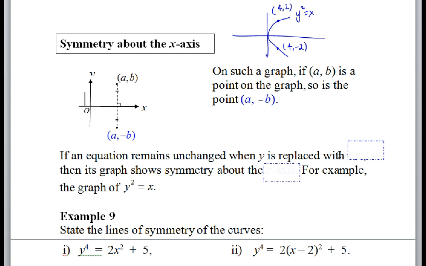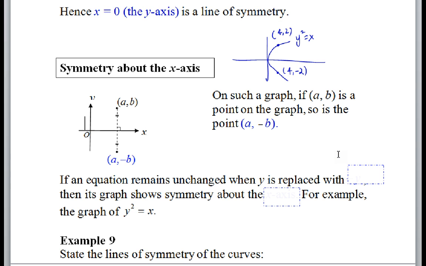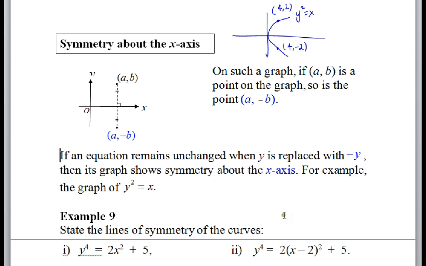So how do we tell? If I replace y, which is 2, with negative 2, I will still get back the same x. So that is how we tell whether a graph is symmetrical about the x-axis. When the equation remains unchanged when I replace y with negative y, I'll still get back the same x. Then it is symmetrical about the x-axis.